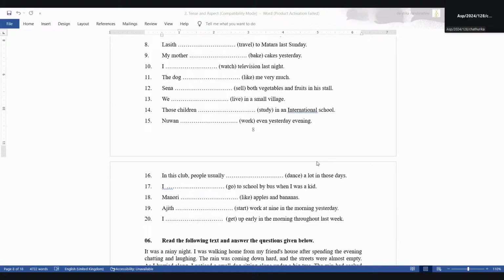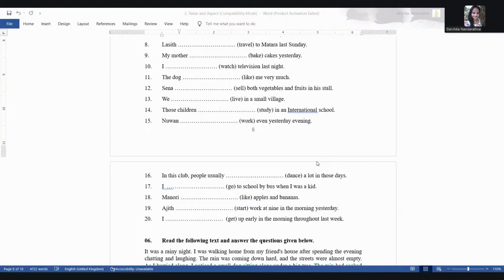I watched television last night. The dog liked me very much. Sena sold both vegetables and fruits in his stall. We lived in a small village.